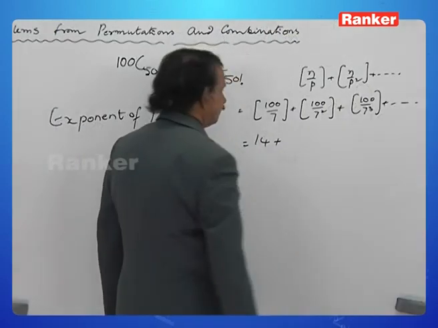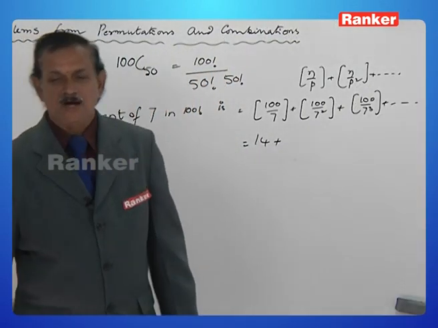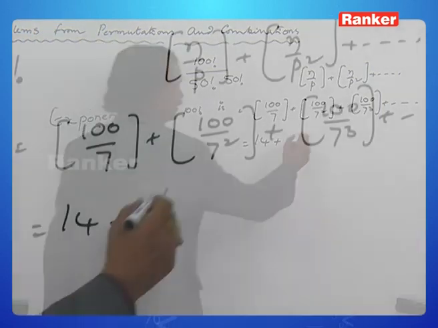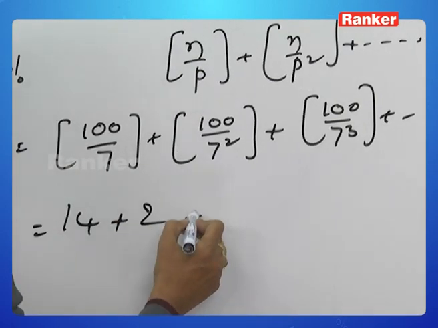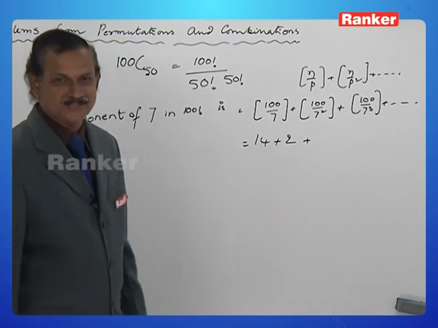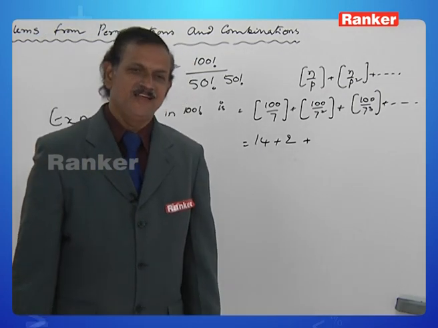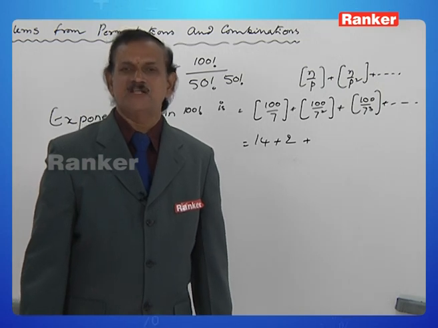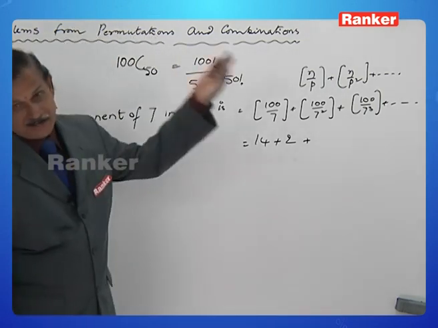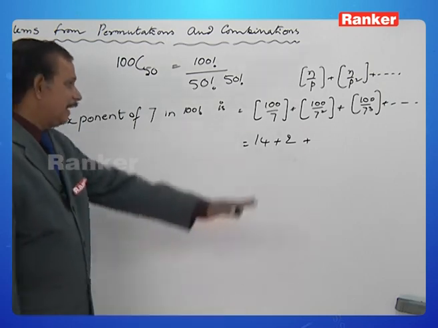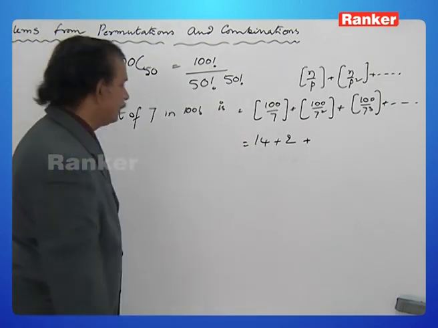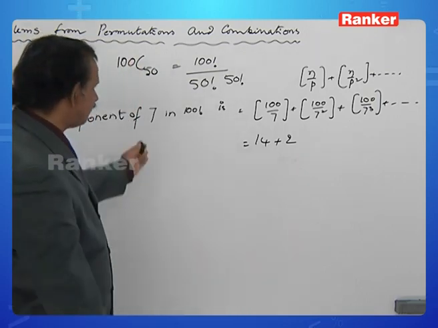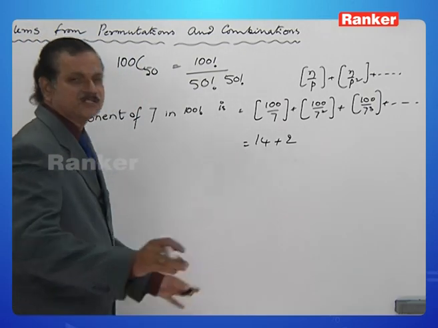And again 7 square is 49. 100 by 49 means 2 point something. Therefore the integral part is 2. Plus 100 by 7 cube is 100 by 343. It is a fraction lying between 0 and 1. Hence its integral part is 0 and then again 0. So there ends the matter. 14 plus 2, that's all. What is the largest exponent of 7 in 100 factorial? It is 16.